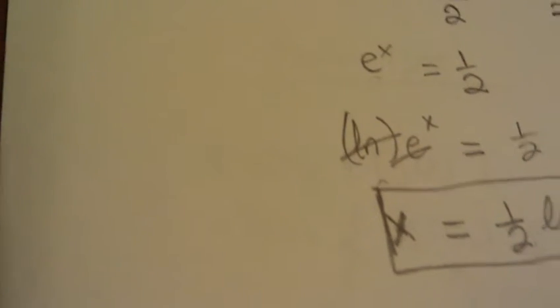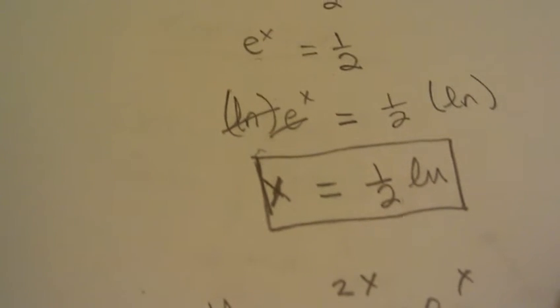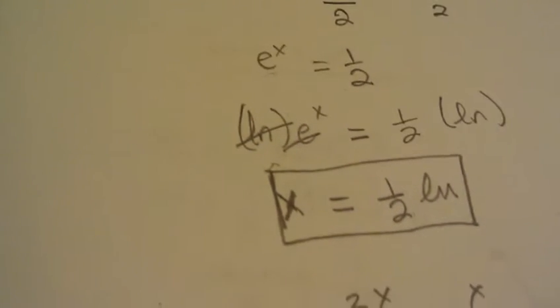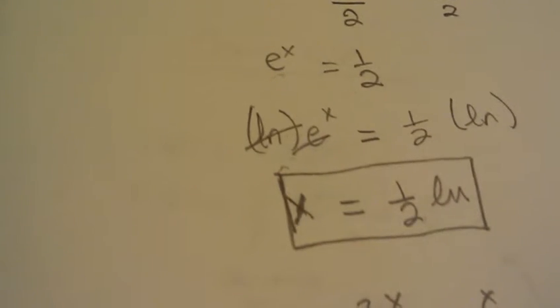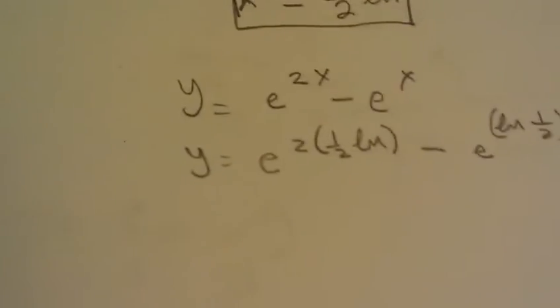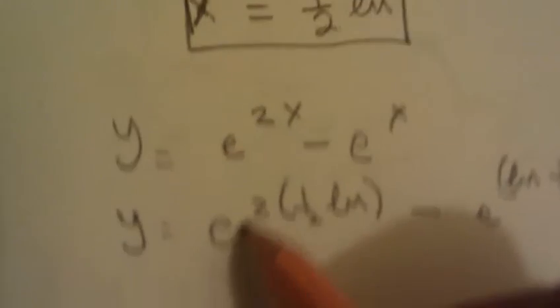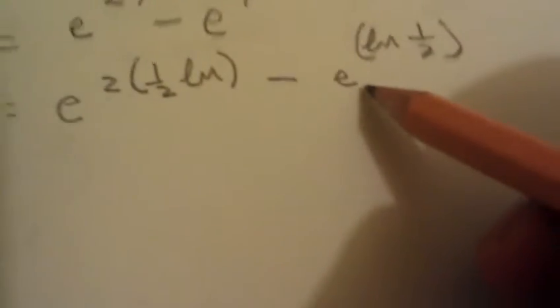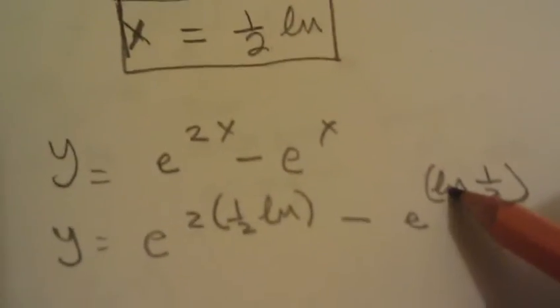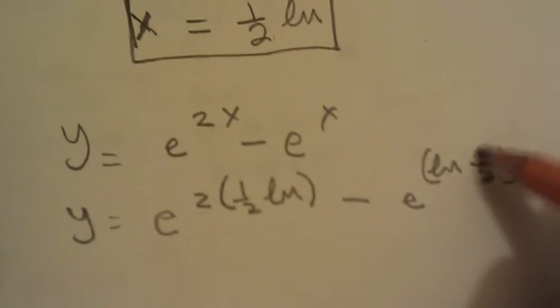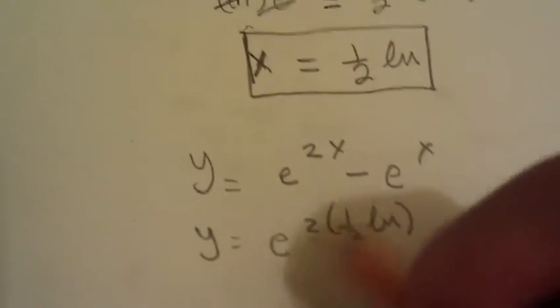So let's substitute: y equals e to the 2 times 1/2 ln minus e to the ln of 1/2. Okay, so you can do a little manipulation with this one to cancel e, and with this one you already know that this e and this ln will cancel each other out, leaving you this 1/2 right here.